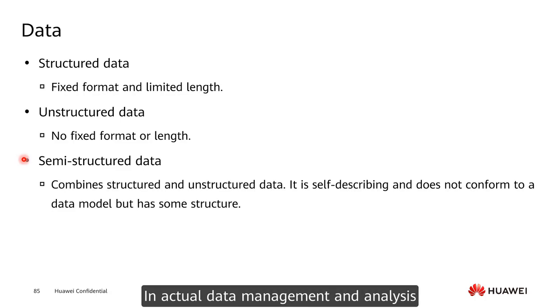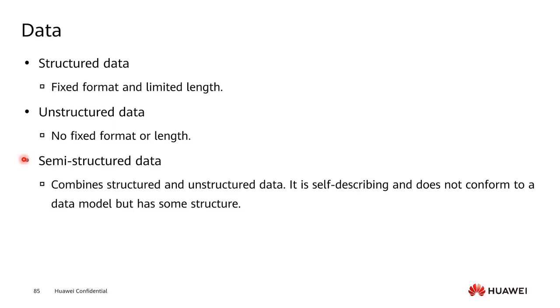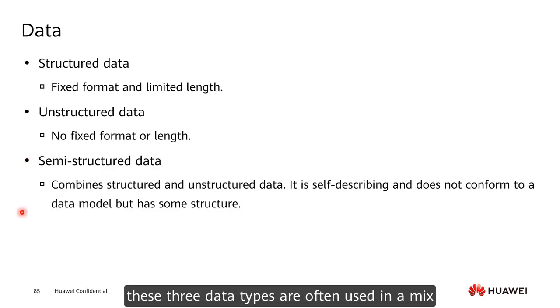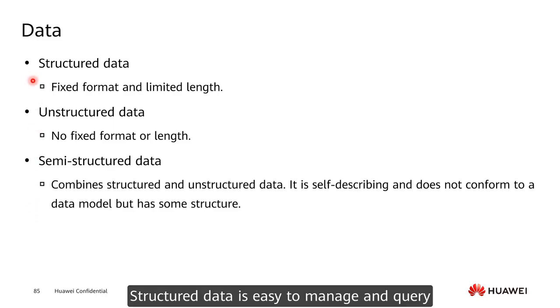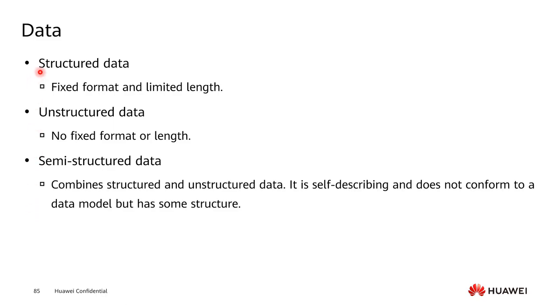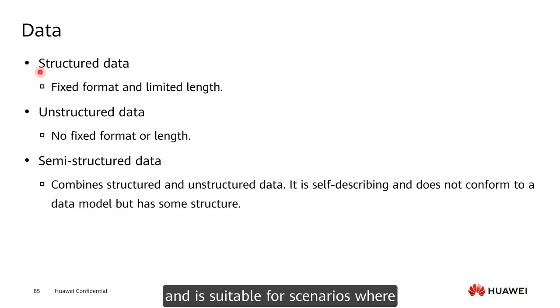In actual data management and analysis, these three data types are often used in a mix. Structured data is easy to manage and query, and is suitable for scenarios where accurate data models are required.